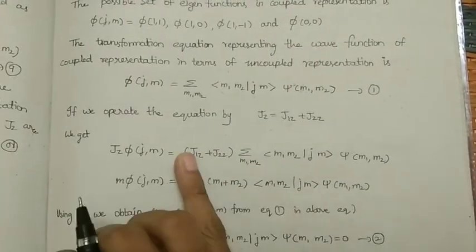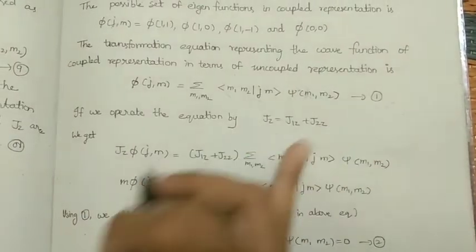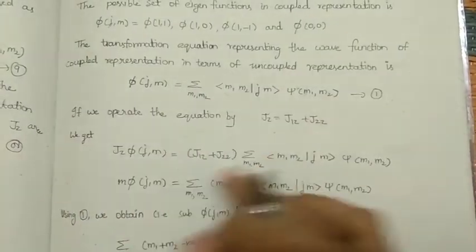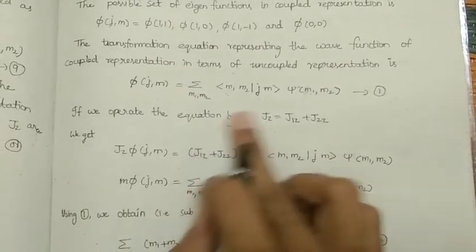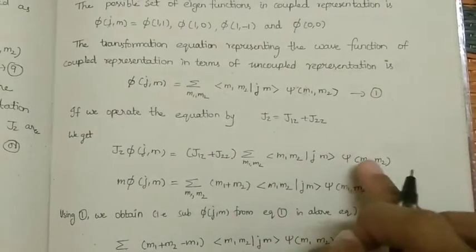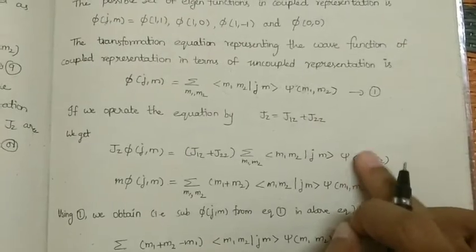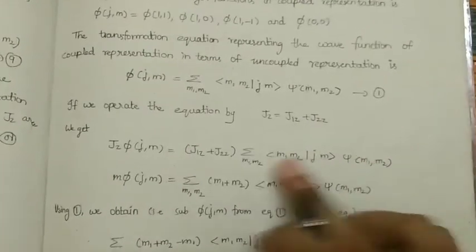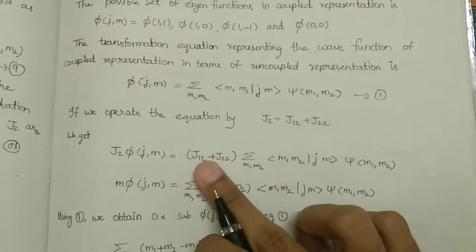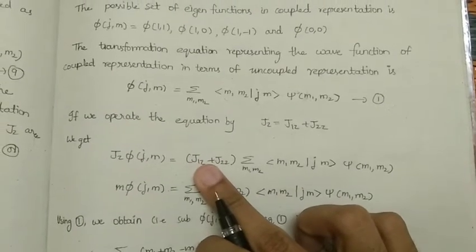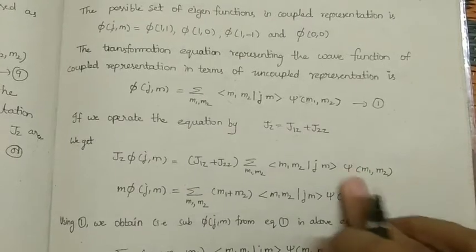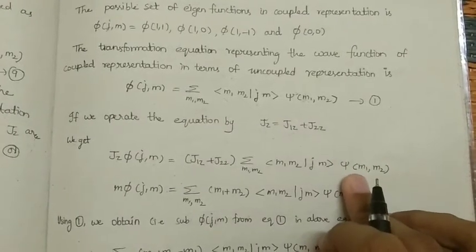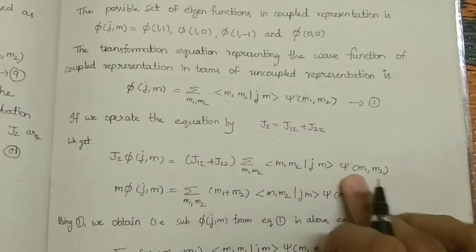So first, j1z operates on this entire summation. The summation can be taken out, and j1z operates on this wave function. It only operates on m1, because it is the first electron's angular momentum; it operates only on m1, the magnetic quantum number of the first electron.